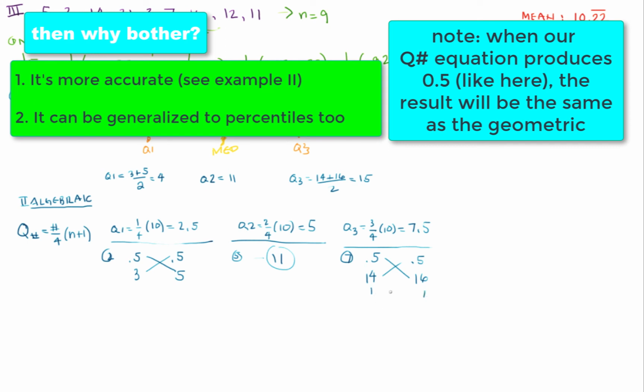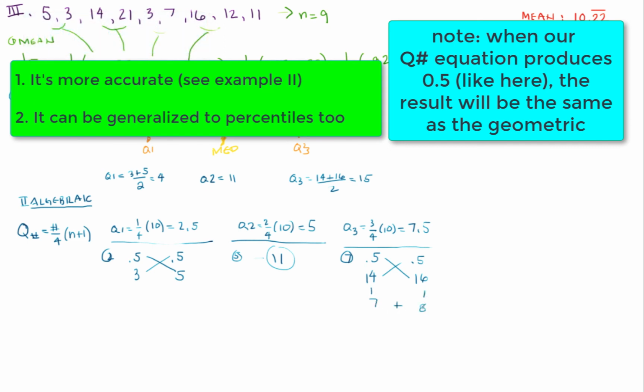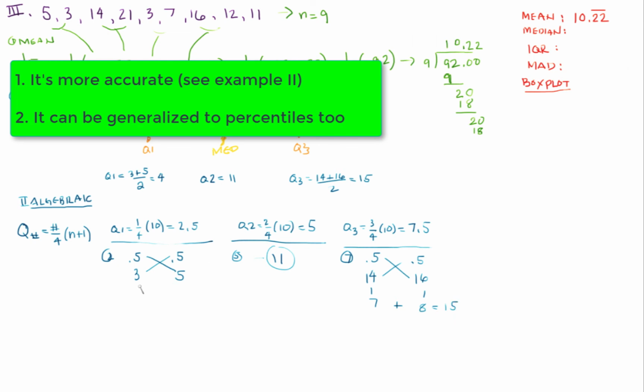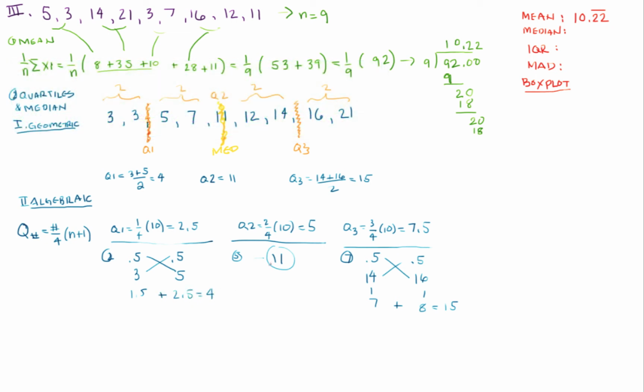Let's cross multiply. We got 7 and 8, that is 15. And then we've got 2.5 for numbers 2 and 3, and that gives us 4. And that's just the number that we split, so we got 11, 4, and 15.